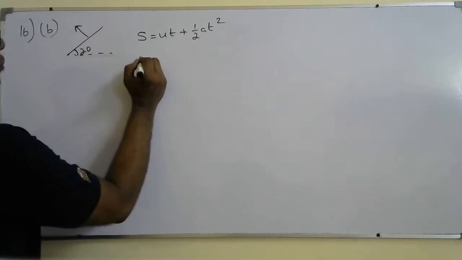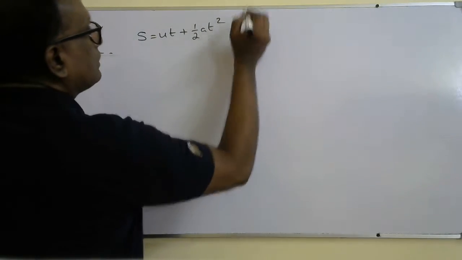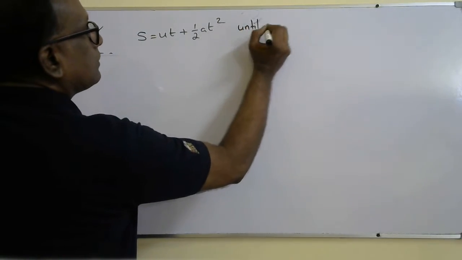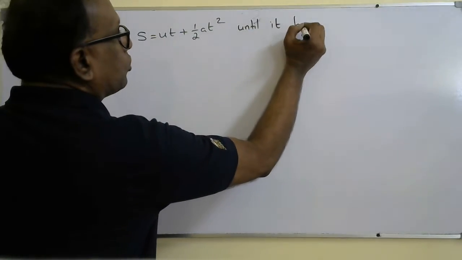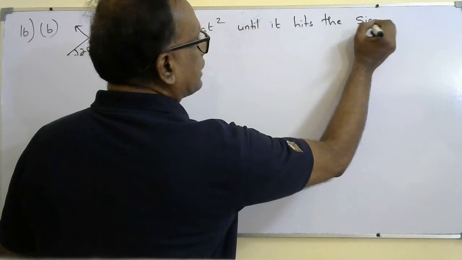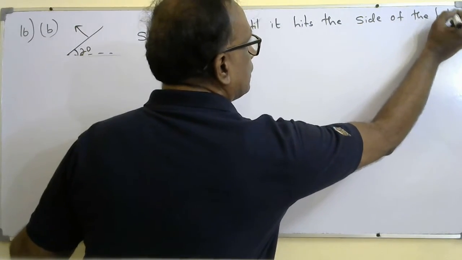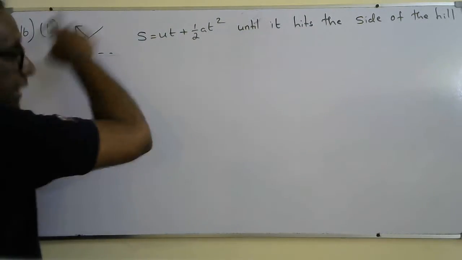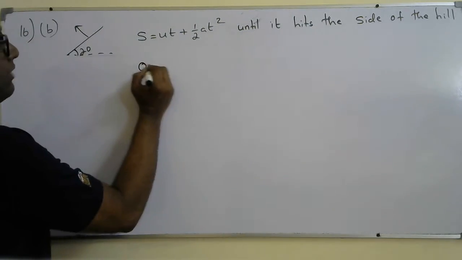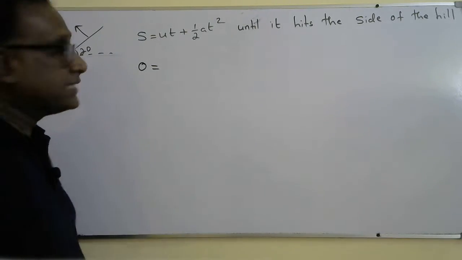So S is 0 when it hits the slope, the side of the hill. As I said, when it comes back and hits the hill, the perpendicular displacement is 0.